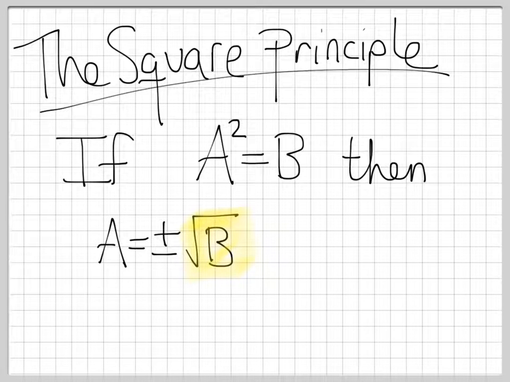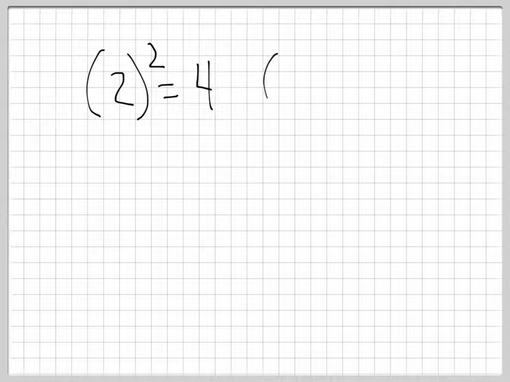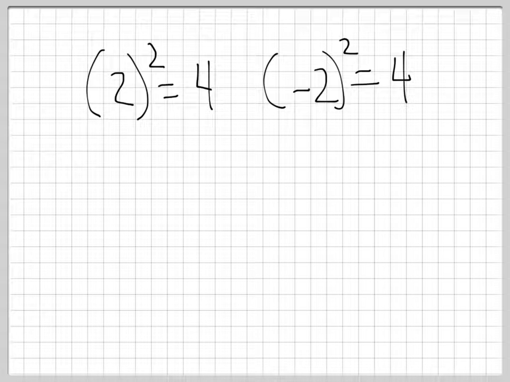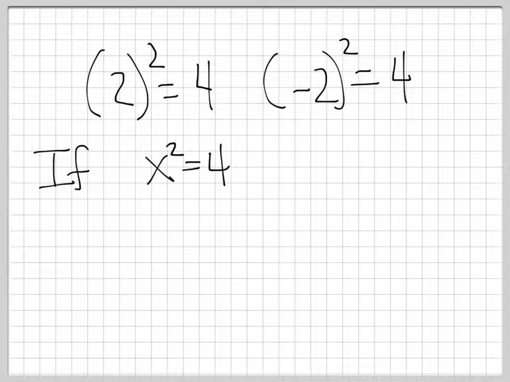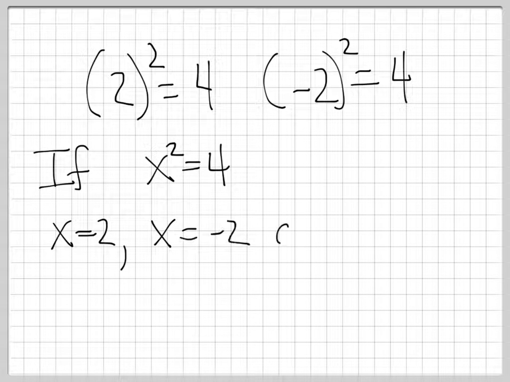But we saw that there were 2 answers that got you to a number, right? If we take 2 and square it, we get 4. And if we take negative 2 and square it, we get 4. And so I ask you, if x squared equals 4, you're going to tell me that x equals 2 and x equals negative 2 are answers.